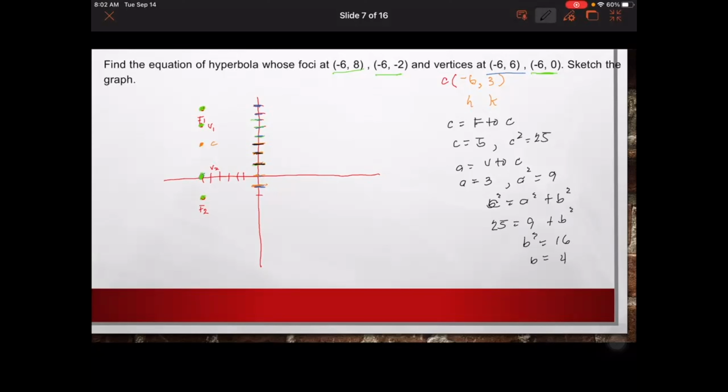Now, we can now have the equation. Our equation, since this is case 2, mapapalitan. So, magkakaroon tayo ng y minus k squared over a squared minus x minus h squared over b squared is equal to 1. So, this will be y.